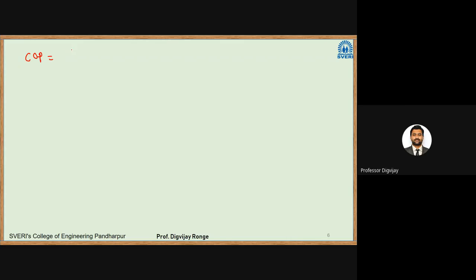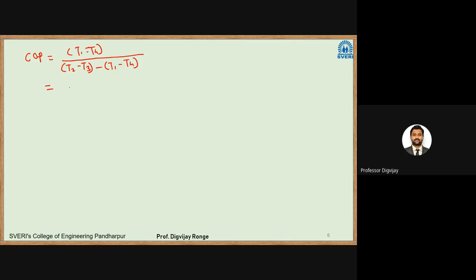COP is equal to what we have just derived, (T1 minus T4) divided by (T2 minus T3) minus (T1 minus T4). Now I will do just a little rearrangement.